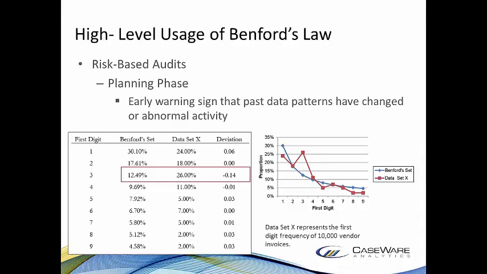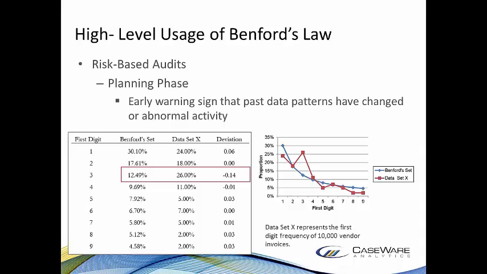For high-level usage of Benford's law, you can see in this particular example, the data is in red on the graph on the right-hand side, and the expected distribution of Benford's law is blue.